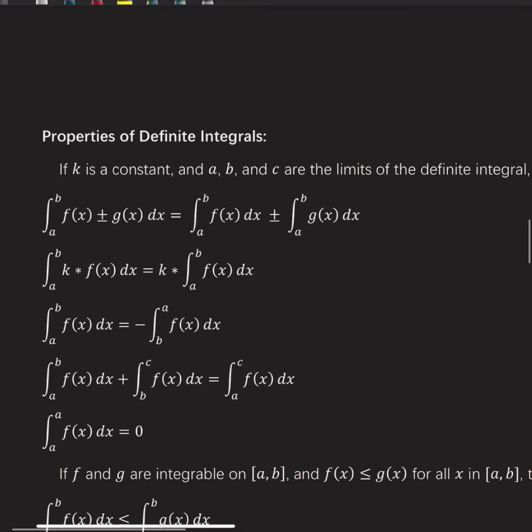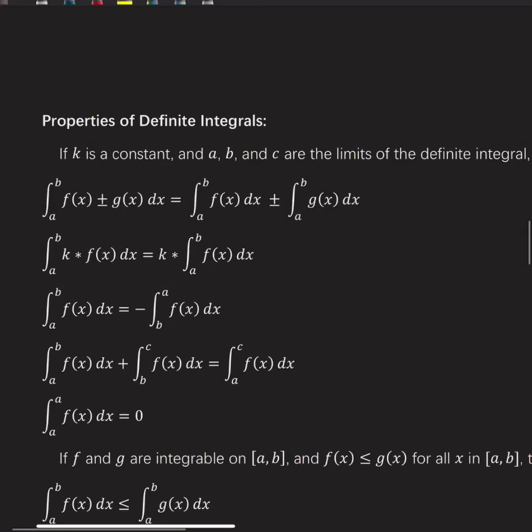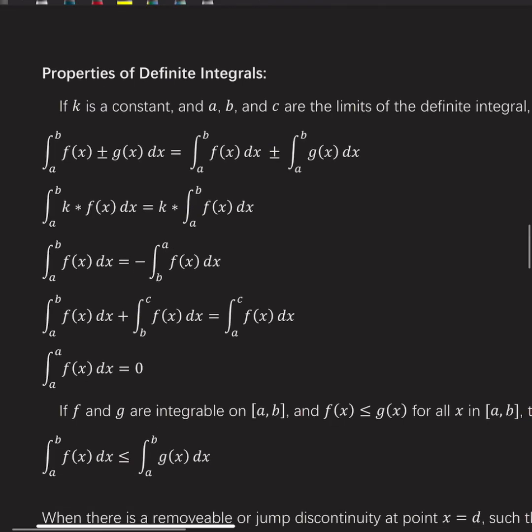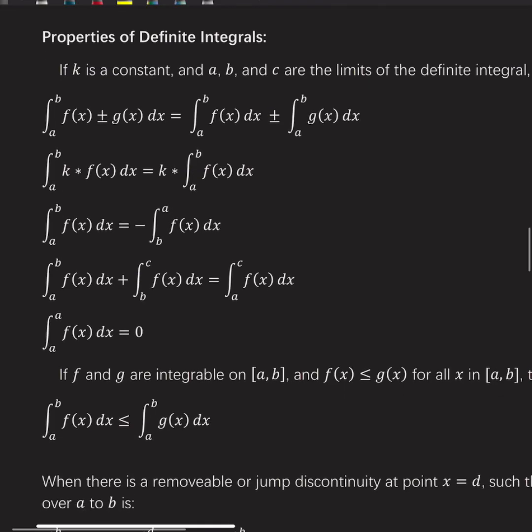The same goes for the constant scalar rule: you can put the k outside. If you switch the bounds from a to b to b to a, you need to add a minus sign. And if you have the definite integral from a to b plus the definite integral from b to c of the same function, that is equal to the definite integral from a to c.